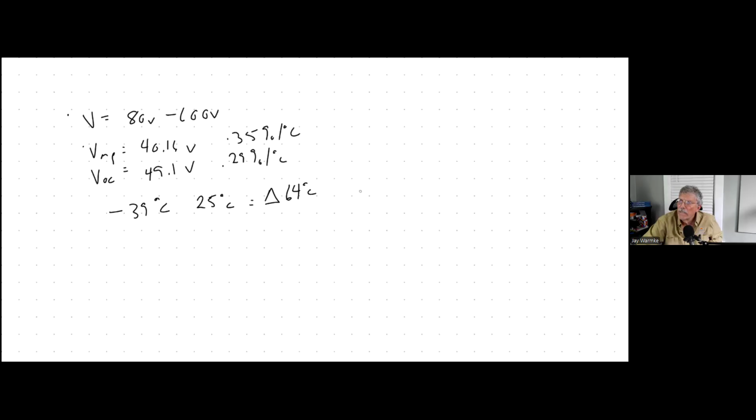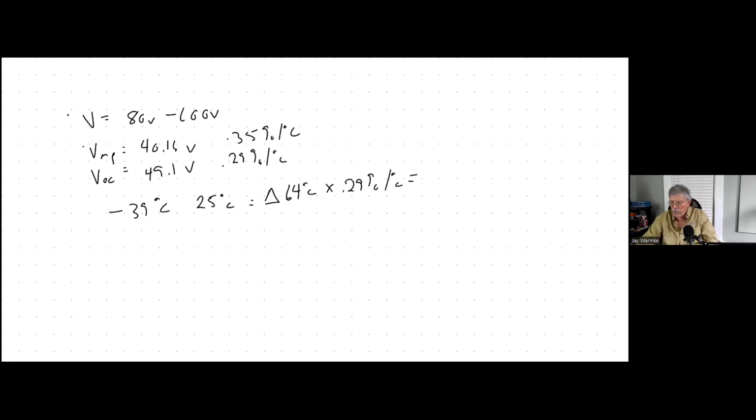For every degree Celsius, and we're going to use VOC because we want to do the worst case voltage because we're not wanting to exceed 600. So for every degree Celsius, that panel is going to produce 0.29% or more voltage per degree. So I'm going to multiply this times 0.29% per degree Celsius.